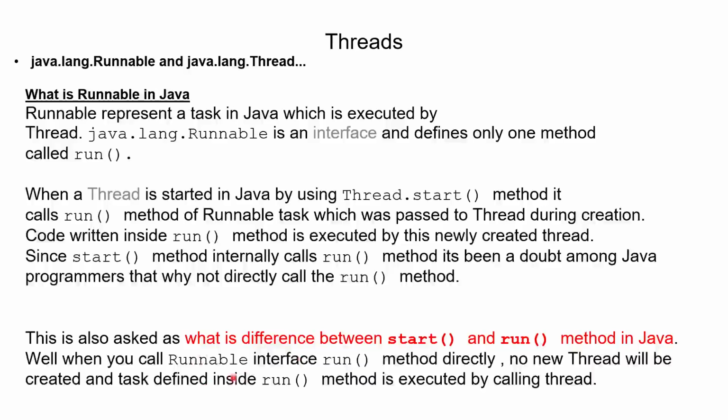Well, when you call the runnable interface run method directly, no new thread will be created, and the task defined inside the run method is executed by the calling thread. So there are slight differences depending on what you want to do. So understand the difference and select the right one for your needs.